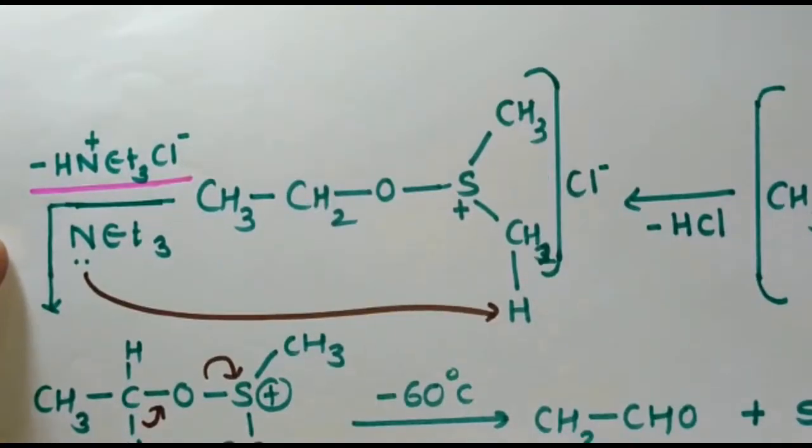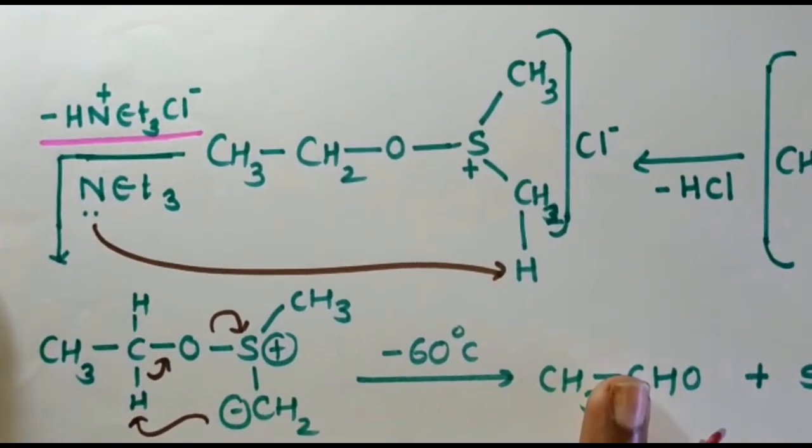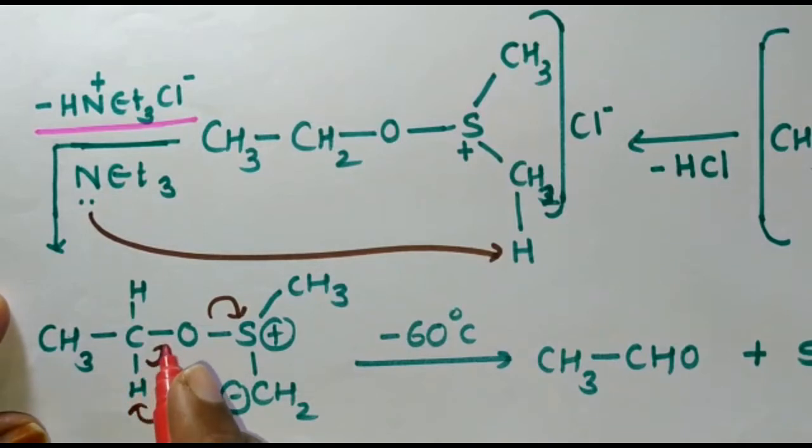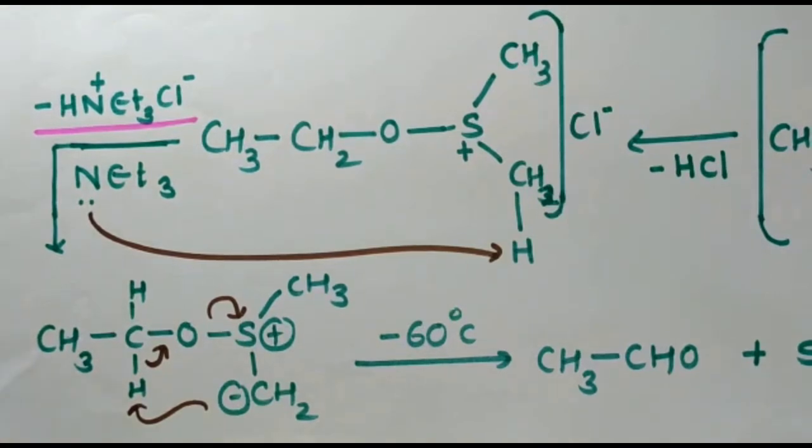Now here you can see that the positive charge is present here and the negative charge is present over this CH2 group. This CH2 group abstracts this hydrogen atom, and the bonding electron pair is shifted towards the oxygen, and these electron pairs are shifted towards the sulfur. So dimethyl sulfide is present as a byproduct, and the primary alcohol gets oxidized to the aldehyde.